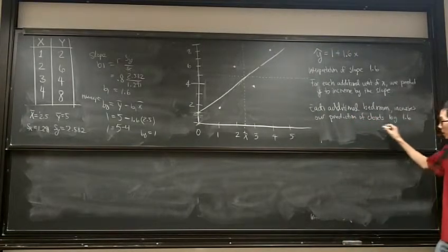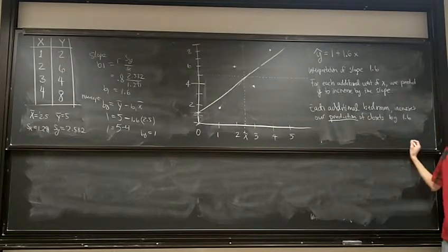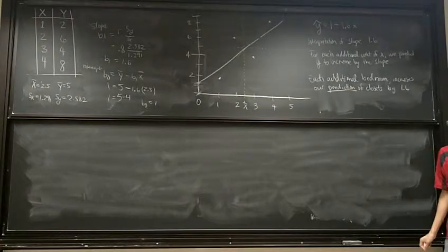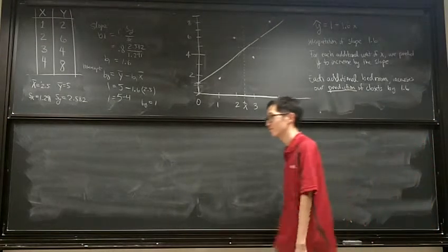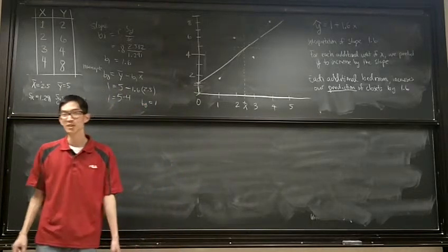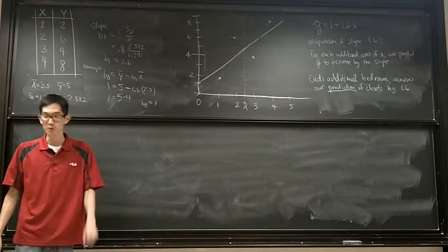Okay? And the key there is it changes our prediction. It doesn't actually change people's houses. It's not that when you add a bedroom to someone's house, the number of closets in that house increases by 1.6.